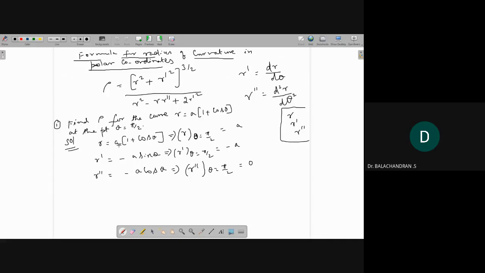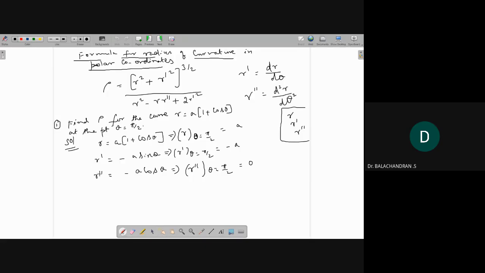So substitute theta equal to pi by 2 in r equals a into 1 plus cos theta; cos pi by 2 is 0, so you'll get r equal to a. Similarly, r dash means you get minus a sin theta. At theta equal to pi by 2, sin pi by 2 is 1, so r dash is equal to minus a.